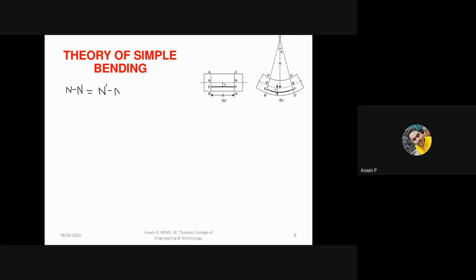You need to find a relation for this length, that will be n n or n dash n dash. When you are looking at the figure, if you are substituting this as phi, then that will be R into phi. This will be the neutral axis relation.